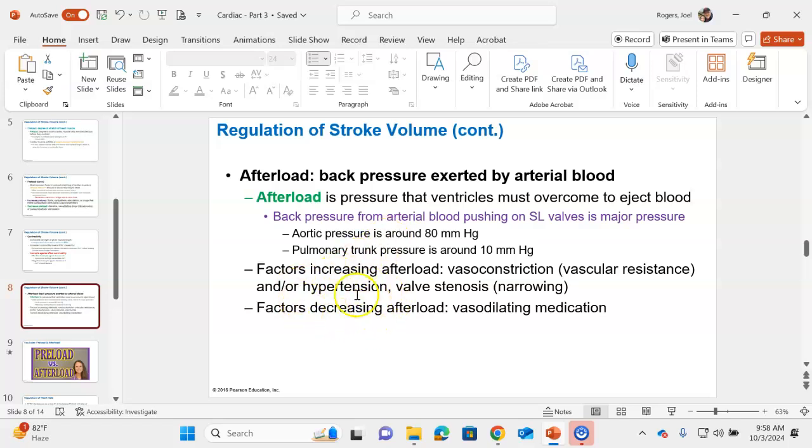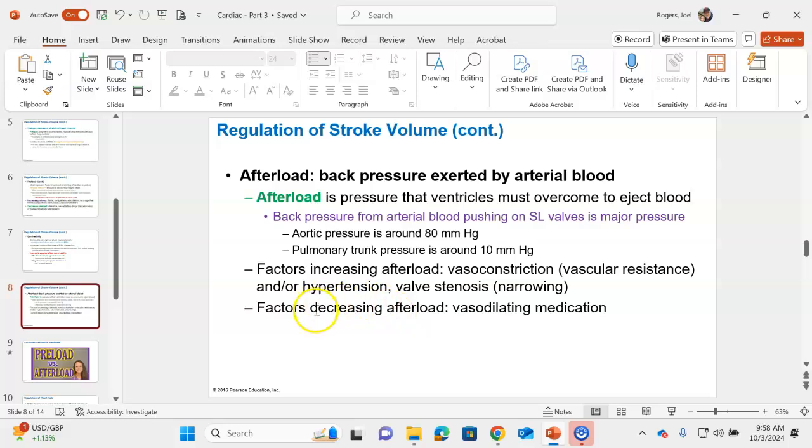So factors increasing or decreasing afterload are listed here. If we want afterload to go up, vasoconstrictor chemicals or medications will do that, because if you increase the vascular resistance of blood flowing through the vessels, that's going to make pressure in the two great vessels go up, because the heart has to pump harder just to get those valves open.